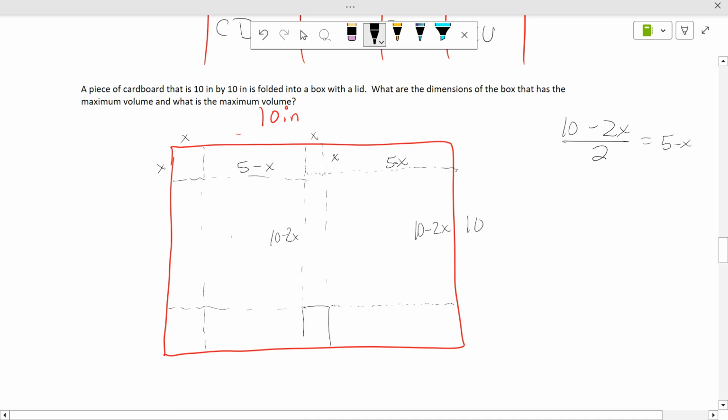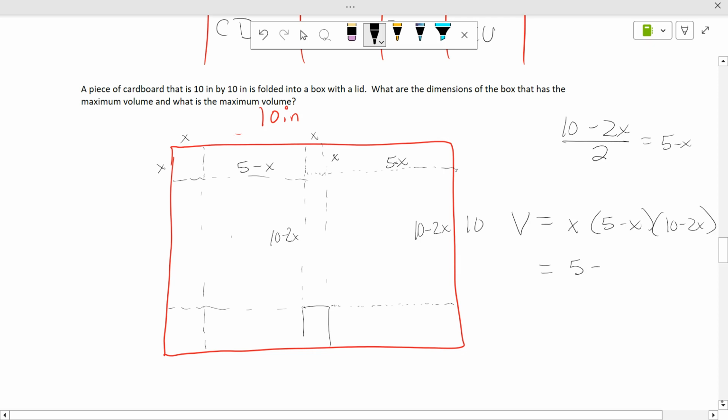So the volume of your box is going to be x times 5 minus x times 10 minus 2x. So let's multiply that through.